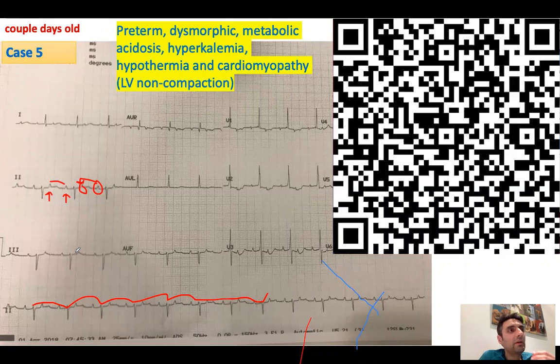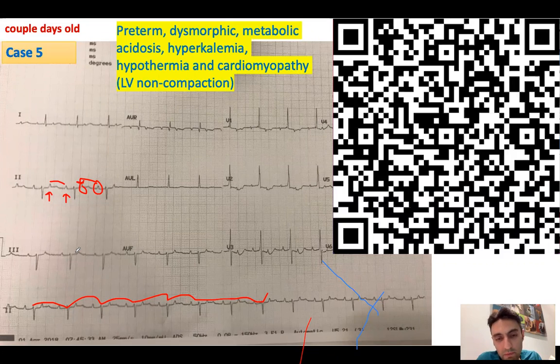If you are thinking this patient has first degree heart block, I told you this baby is a couple of days old. Why would this baby have first degree heart block plus sinus bradycardia? You're giving him two diseases. If a baby has first degree AV block, usually he's not bradycardic.